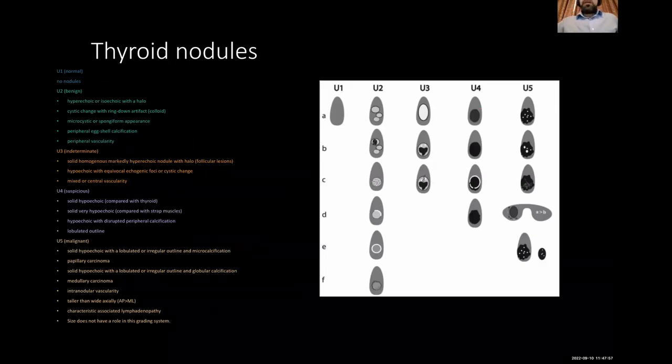Thyroid nodules. Look, this classification, what I tell you, is not the best classification, but this is what is done in the UK. It is above your level, but I have to tell you because this is for your experience in the UK. We have the U classification.